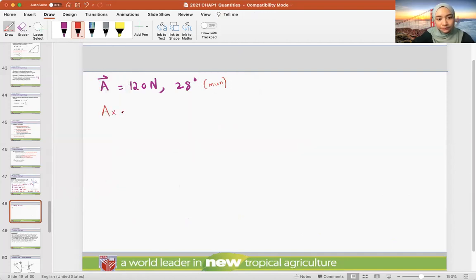AX equals X sama dengan magnitude A, 120 cosine 28 degree, equal to 105.954.